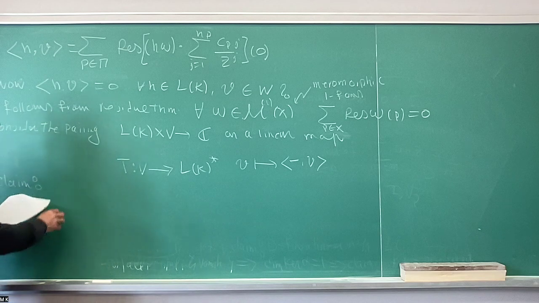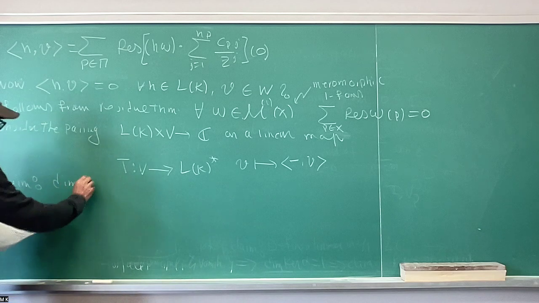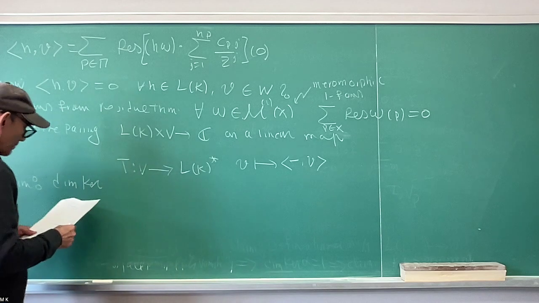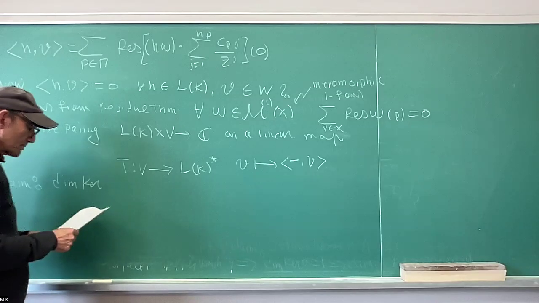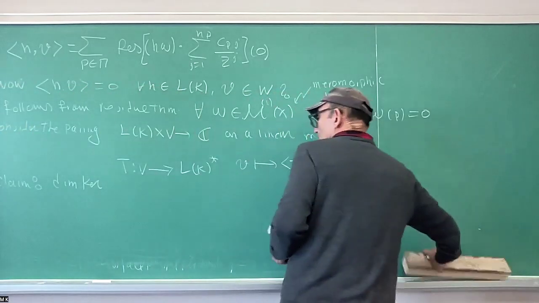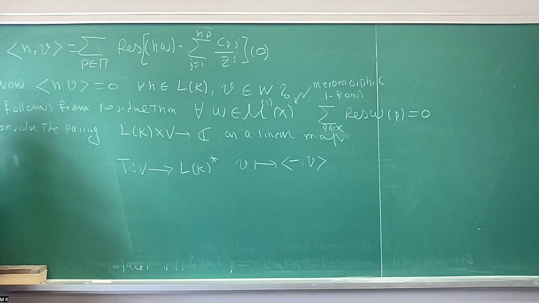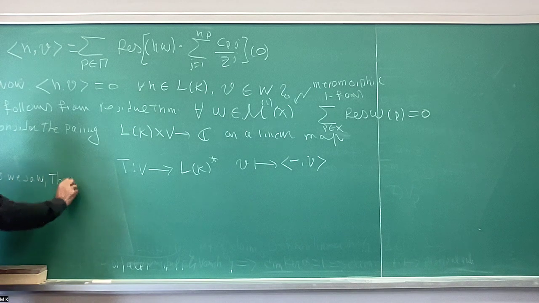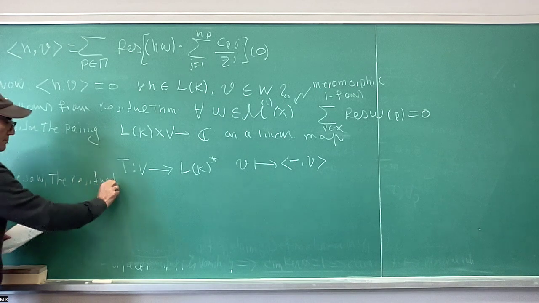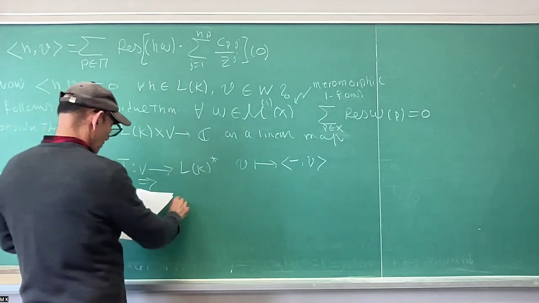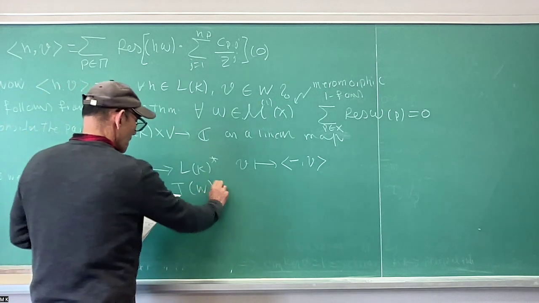the dimension of the kernel of T star. Okay, so wait, before going there, let me just. The residue theorem, as we saw before, implies that T of W is equal to 0.